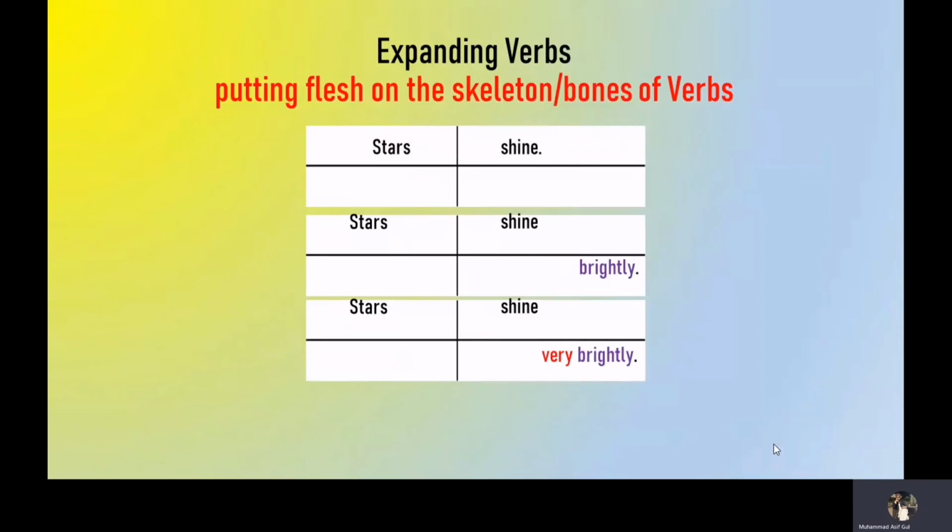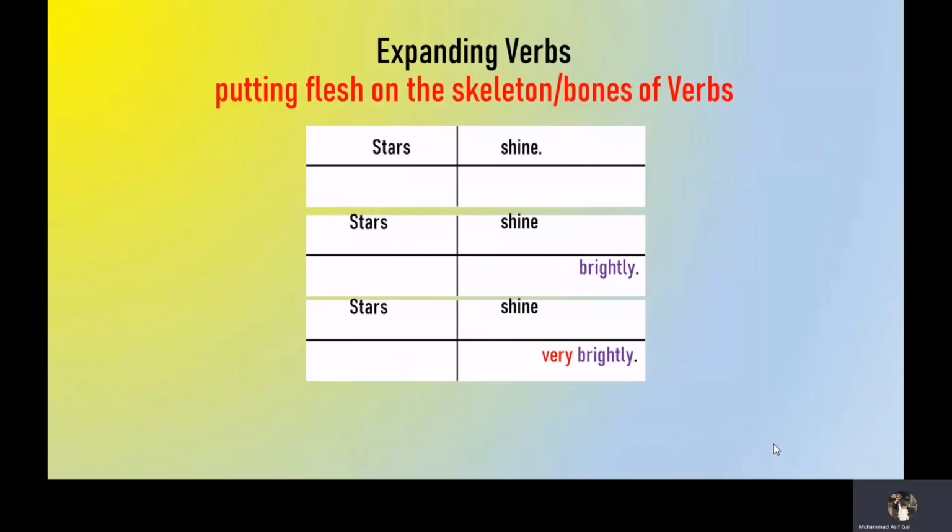Adverbs are those words which give us further information about verbs. Here, brightly, and similarly very brightly, are giving us information about the way stars shine. They give us information about shine, about the work.